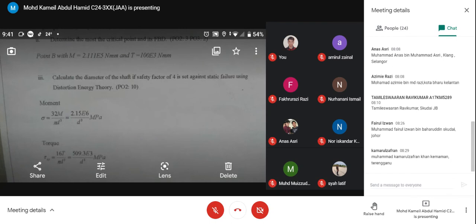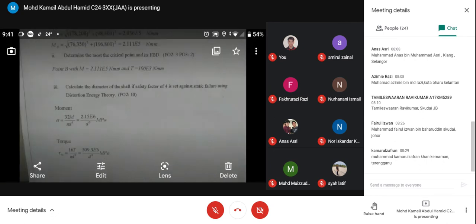So that is the equation: 32M over pi d cubed for sigma. Then for the torque, 16T over pi d cubed.